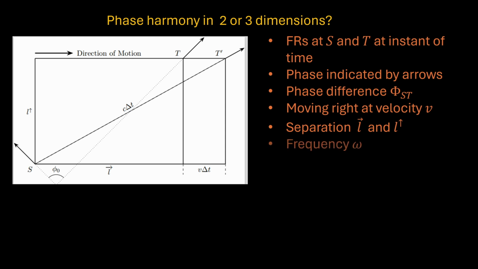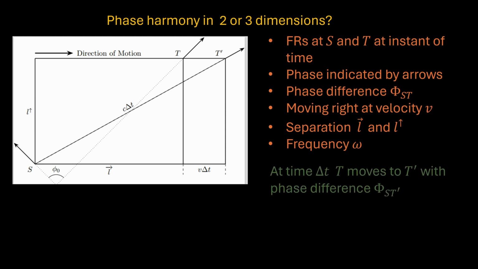The frequency of the FRs is omega. Now, after a short time delta t, the FR at T moves to location T prime. The one at S also moves, but we are only interested in the phase it had at t0, as this dictates the phase of the wave arriving at T prime.